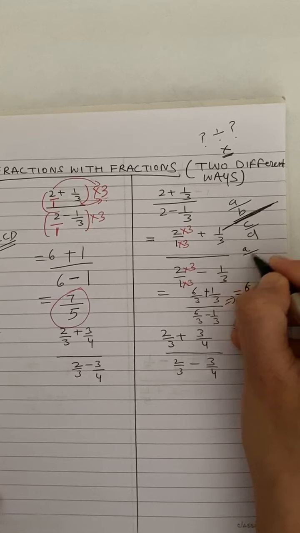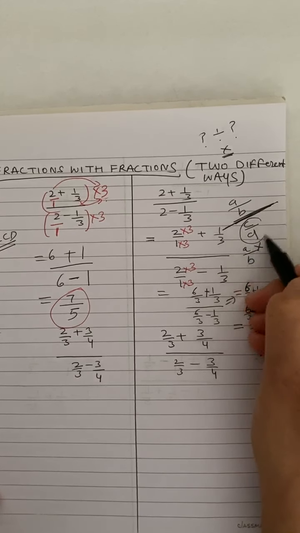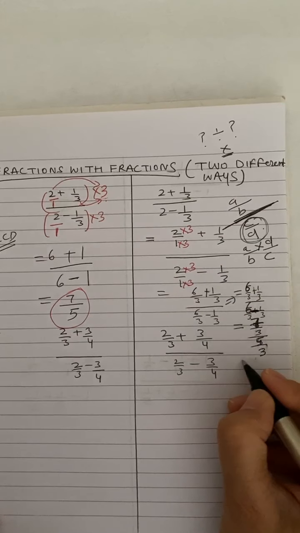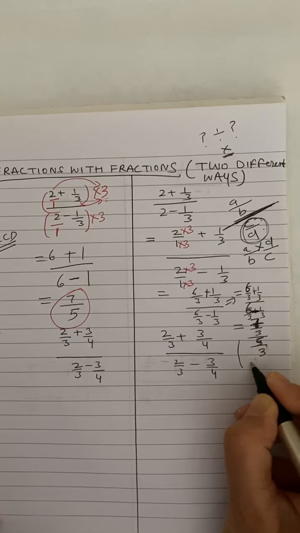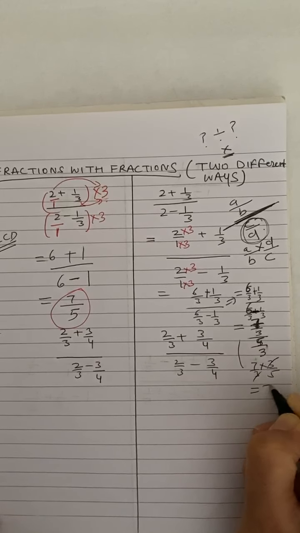So what you need to do is A over B multiplied by, and when you change it, whatever is after the division sign, we take the reciprocal of it. So this becomes D divided by C. So here what will happen is you will have 7 over 3 multiplied by 3 over 5, and this 3 and 3 will get cancelled.